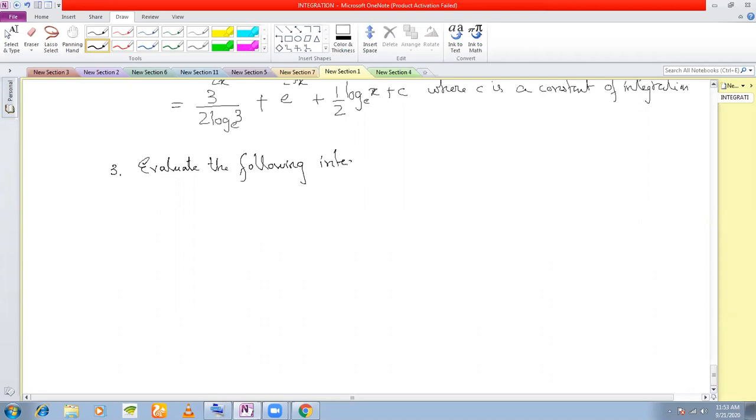The first one is integral (2x cube plus 3) whole square dx. The second one is integral (1 minus x) whole cube by x dx.